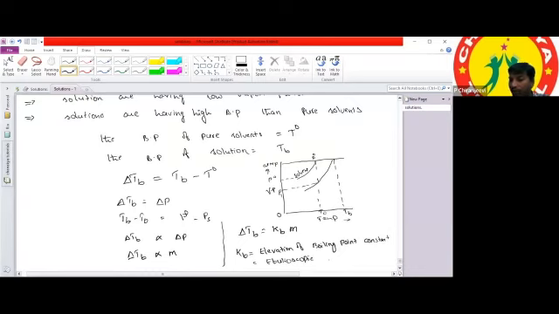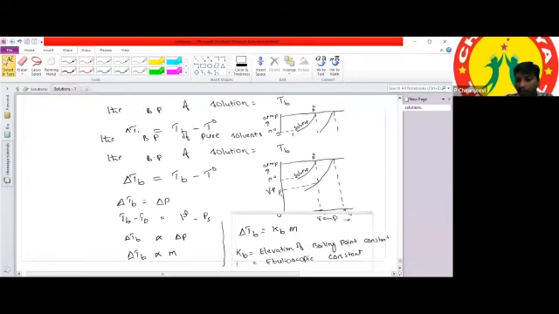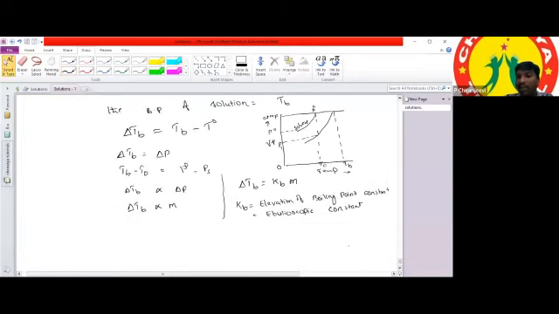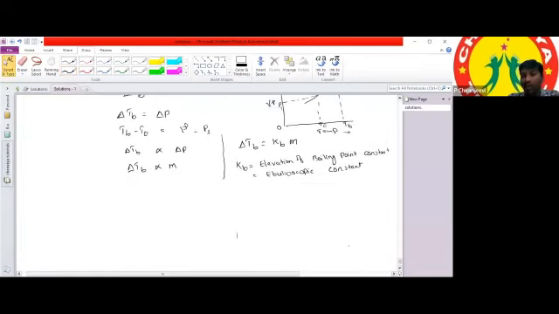We can call it the ebullioscopic constant, and we can also call it the elevation of boiling point constant. So, Kb. How can we define the Kb value?